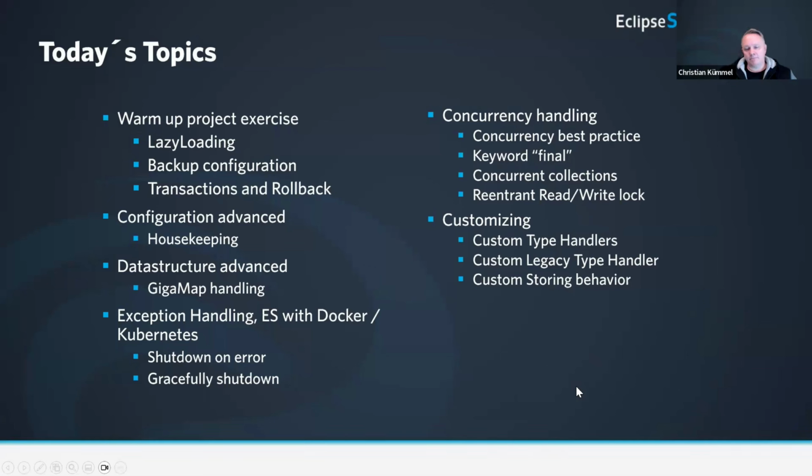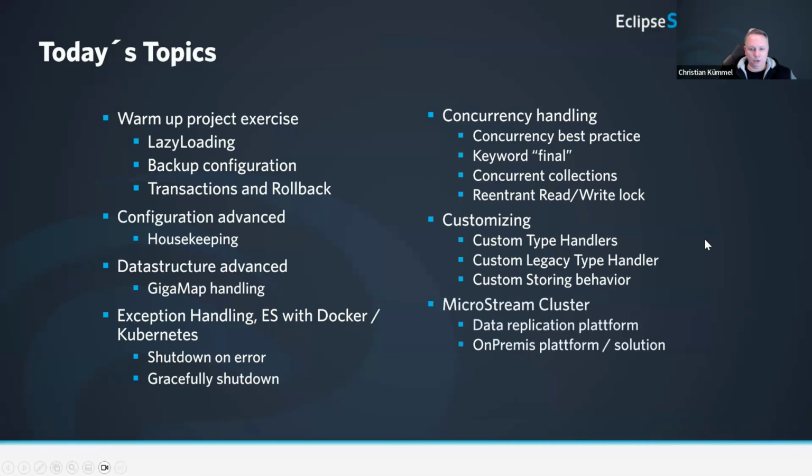There are some adjustments you can do using customizers. And last but not least, we will go through the MicroStream cluster and talk about what clustering is, how clustering works, how the replication works, and all the stuff around the software as a service platform that we provide. That is the last part of the training for today.